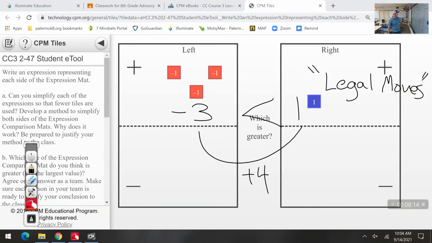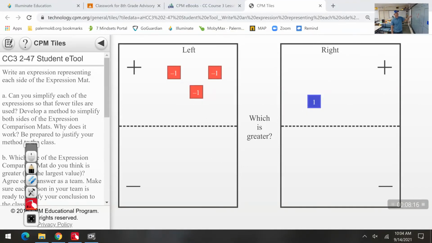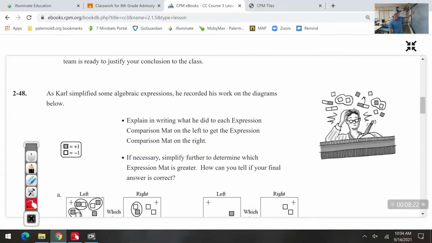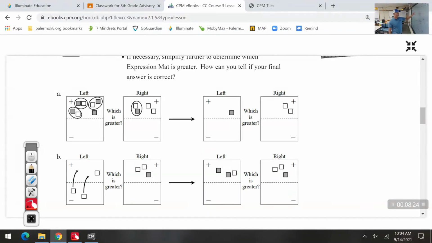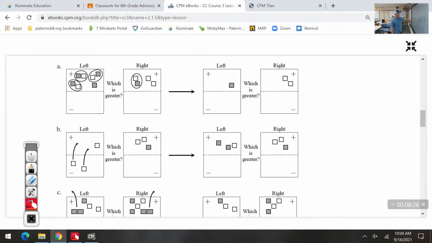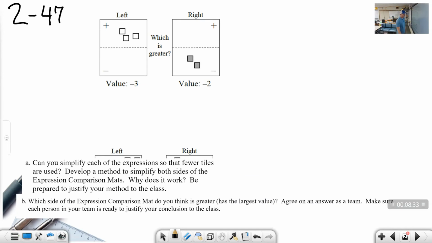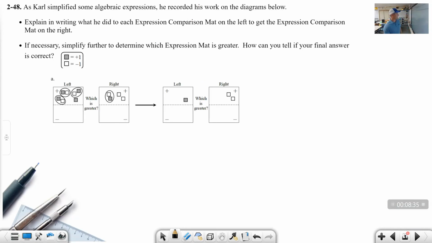That's what today's lesson is all about. Okay? Today we are talking about the legal moves. And what you're going to notice is that we have 3 situations. We're going to go through these situations, and let's go ahead and begin them now.